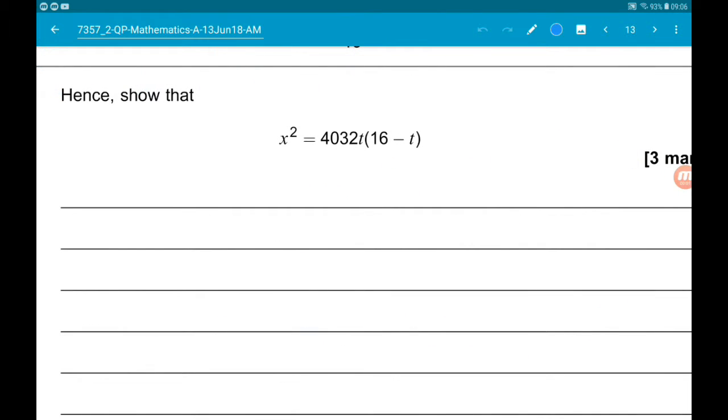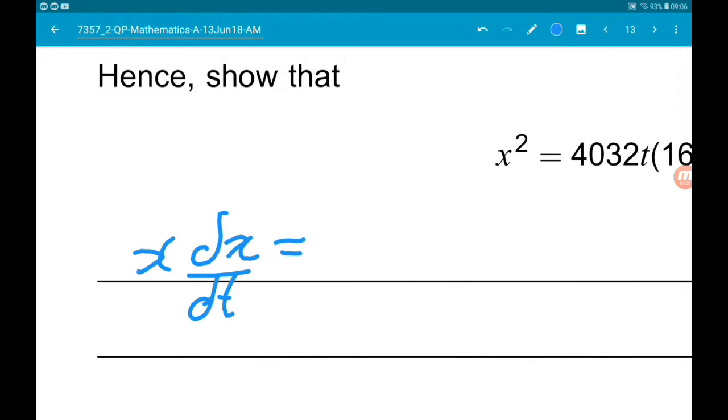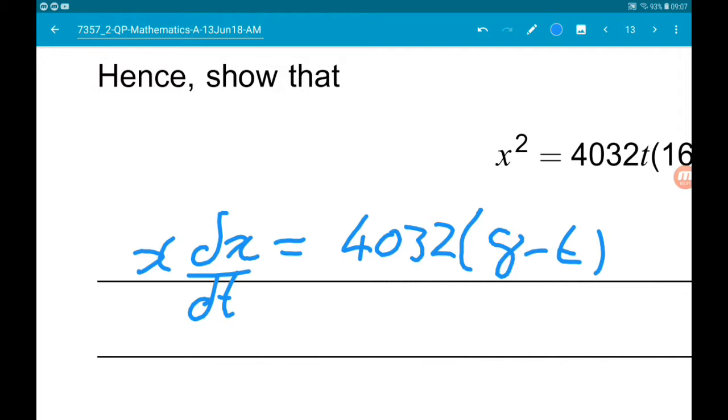Okay, then part B for 3 marks says, show that x squared is 4032t times (16 minus t). Okay, so we know that dx over dt is equal to 4032 times (8 minus t).